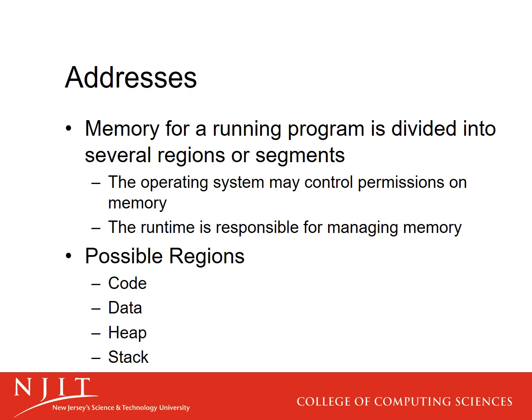Depending on your runtime environment, the operating system may have certain permissions associated with those memory regions or not. That's up to the runtime. The runtime manages memory and sets things up. There are 4 regions: code, data, heap, and stack. The addresses in those 4 regions are the possible bindings.